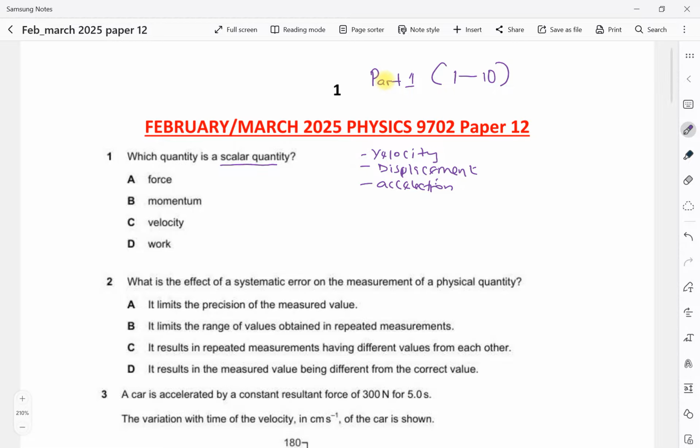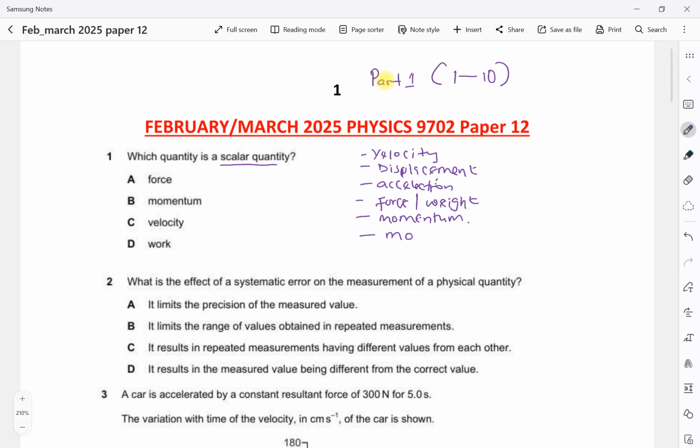Those are three in kinematics. Then in dynamics, you have force, or you can also talk about weight because weight is a force. Then you have momentum. That is in dynamics.